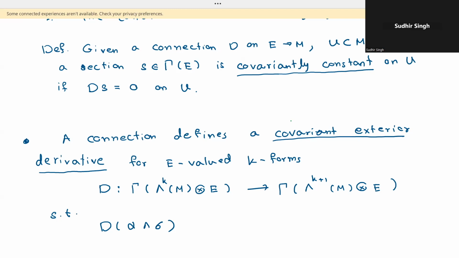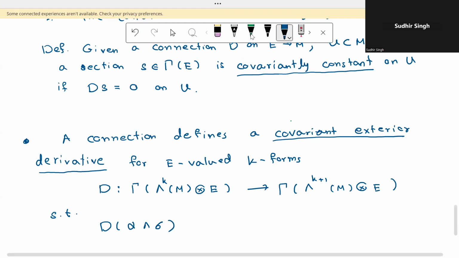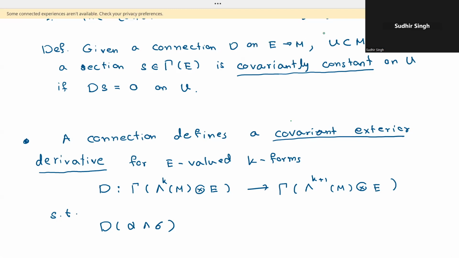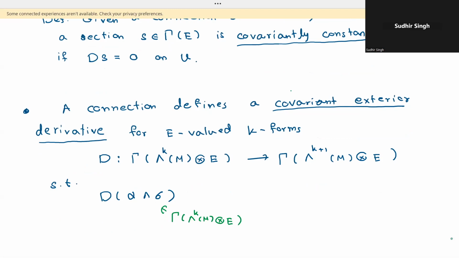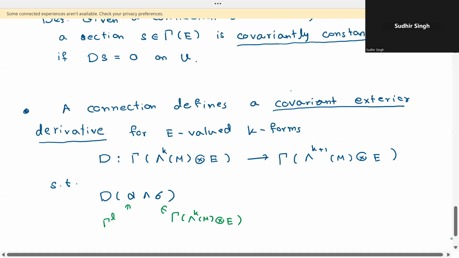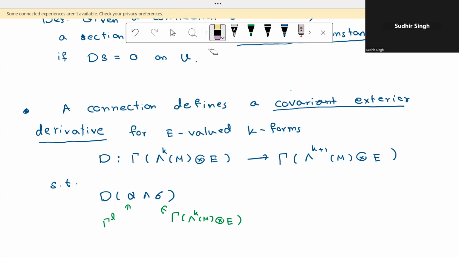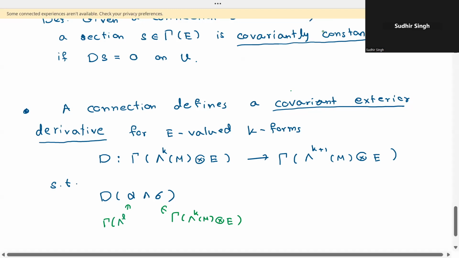That if you have this wedge product, sigma is an E-valued k-form. So this is an element of this. And alpha is just an ordinary differential form, say an l-form. So it is a section of this bundle.